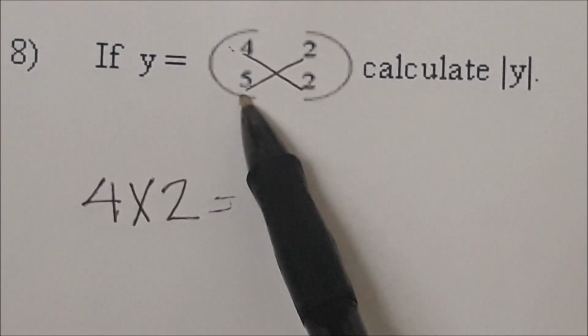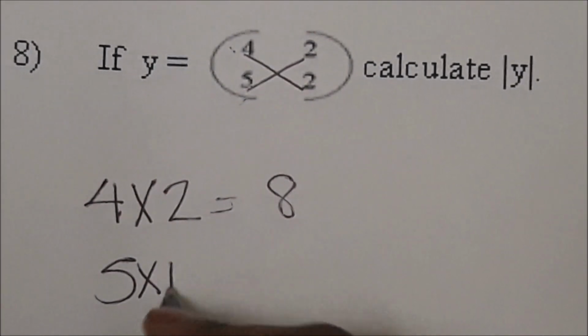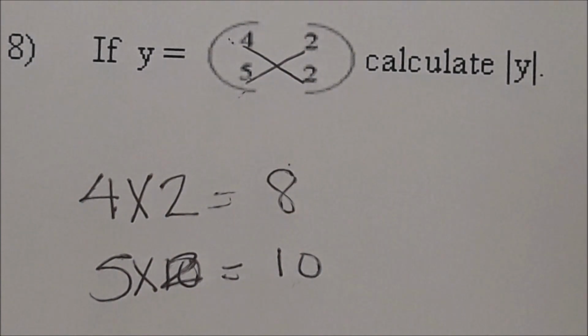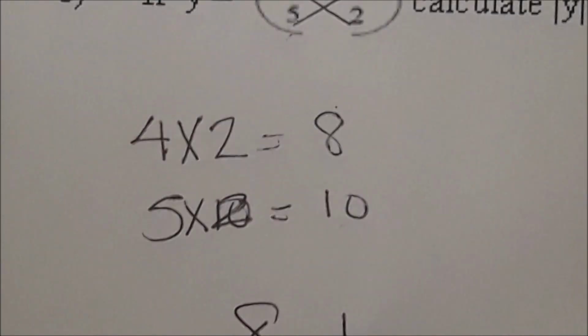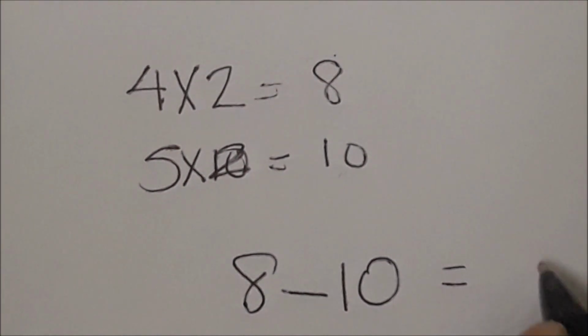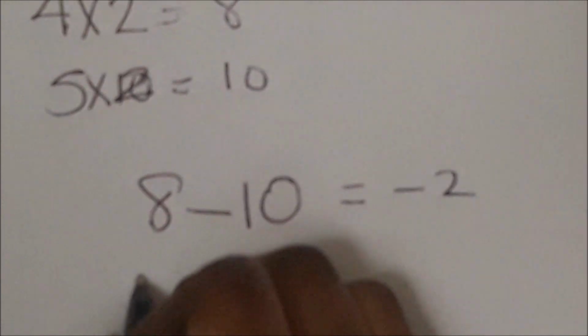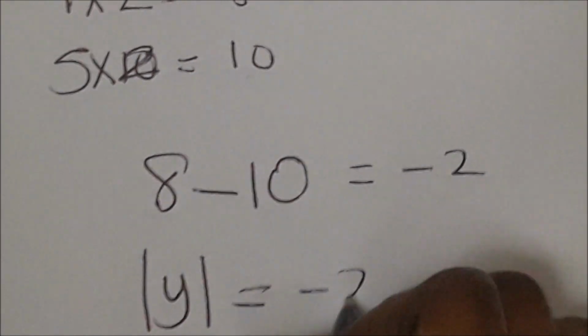Next, we move to the 5. 5 times 2, which is 10. Now, we subtract. 8 minus 10 equals negative 2. Good. Therefore, the determinant of matrix y is equal to negative 2.